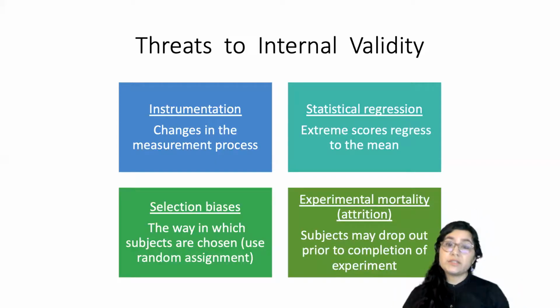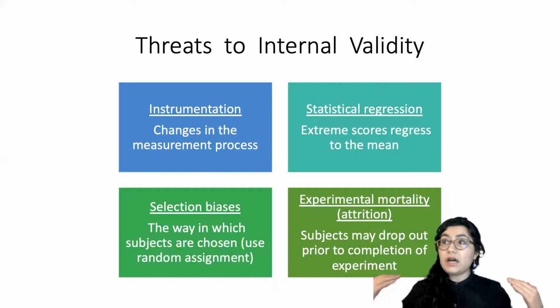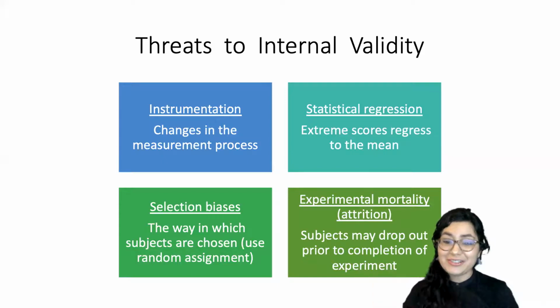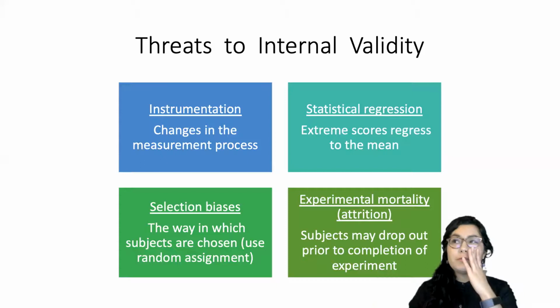So some threats to internal validity, one is instrumentation. That is if there's some change that occurs in how we measure what happens. A very tangible example of this is I wanted to understand how bail reform in New Jersey impacts whether or not people actually get detained. Does bail reform actually decrease the amount of people in jail, right? That's what it's supposed to do.